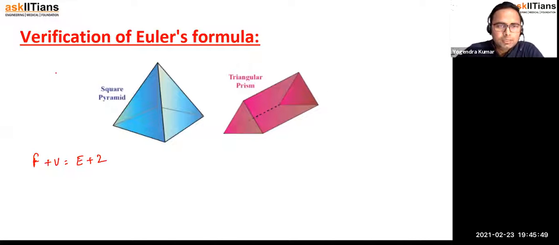F, faces, are how many? 1, 2, 3, 4, right? 4 faces. Now how many vertex are there? 1 top vertex and then 4 down, so 5 vertex. Now how many edges are there? 1, 2, 3, 4, 5, 6, 7, 8, right? 8 are there.